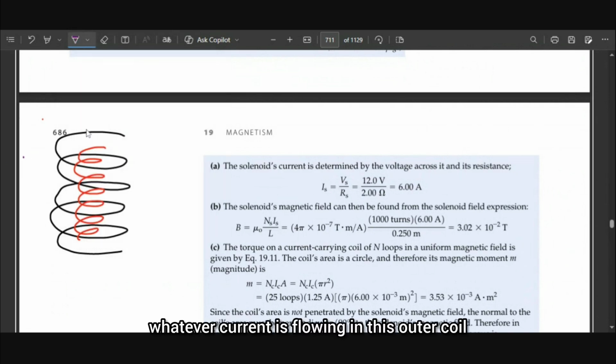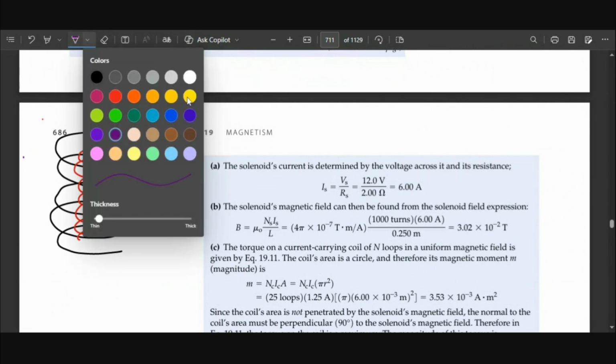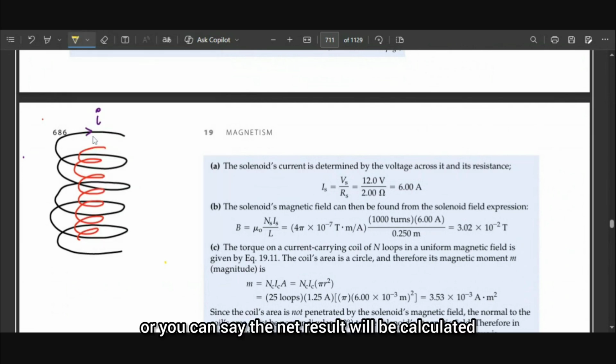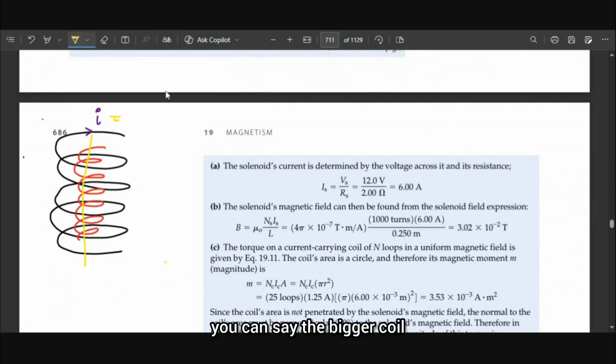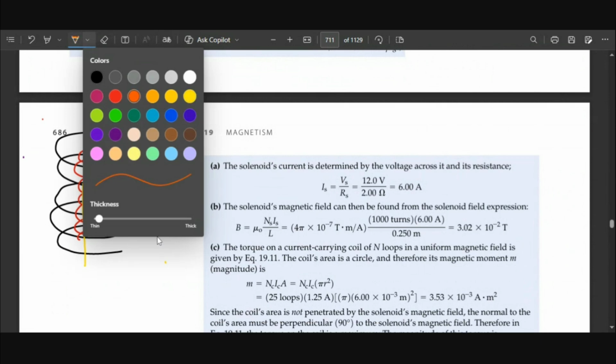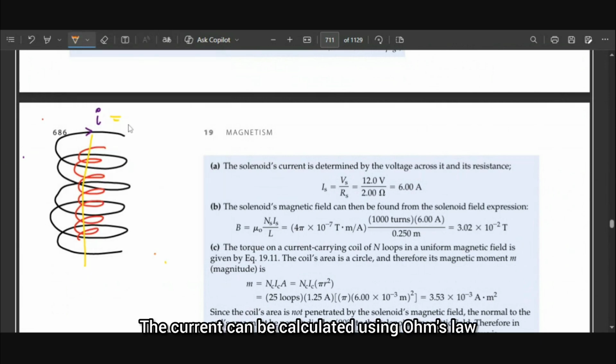Whatever current is flowing in this outer coil, everything must be aligned, and the net result will be calculated at this length. For the bigger coil, the solenoid, the current can be calculated using Ohm's law, V equals IR. So I is V over R. Potential connected is 12 volts, resistance is 2, so we got 6 amperes of current.